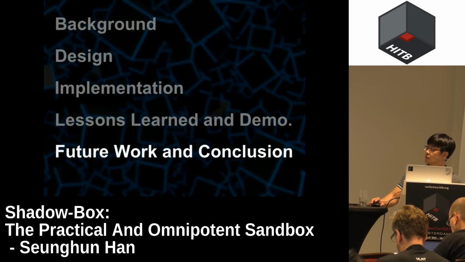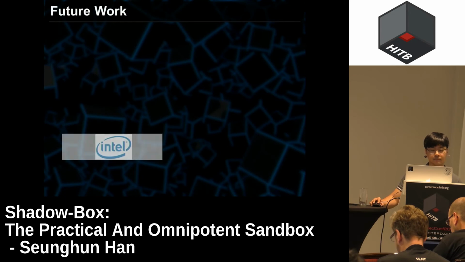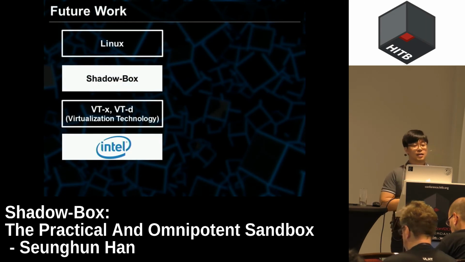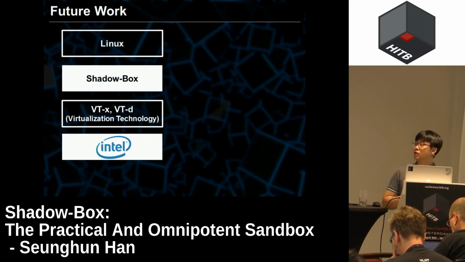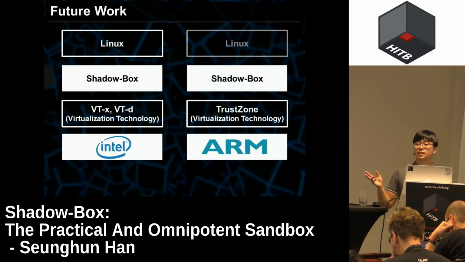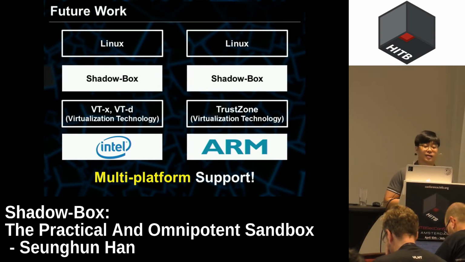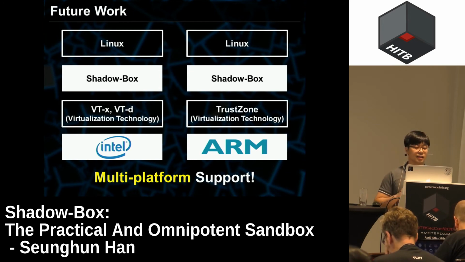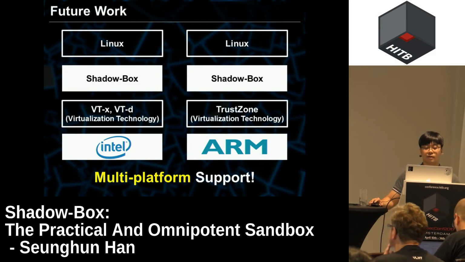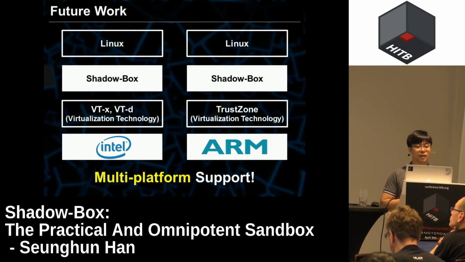Future work and conclusion. Future work. This is the current status of Shadowbox, and this is the next step. I have been making Shadowbox version 2 for ARM, and I have almost finished it. Shadowbox for the ARM platform shares the architecture of Shadowbox for the Intel platform.